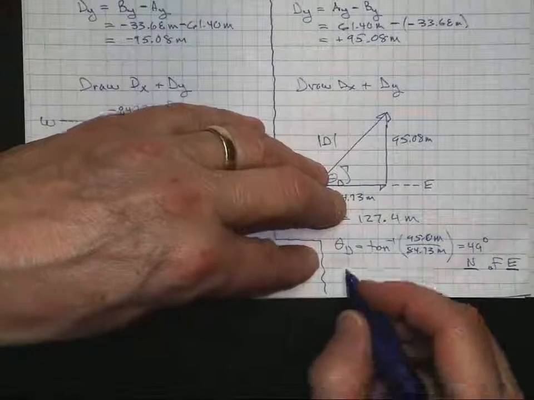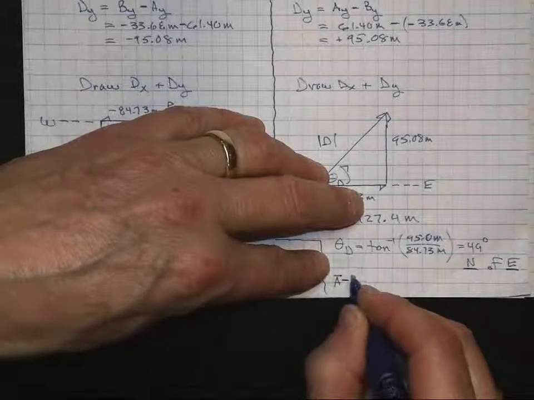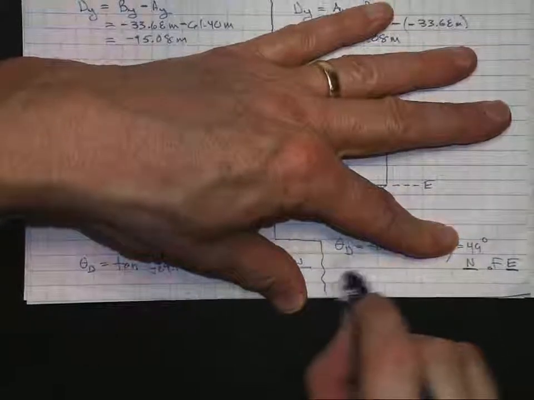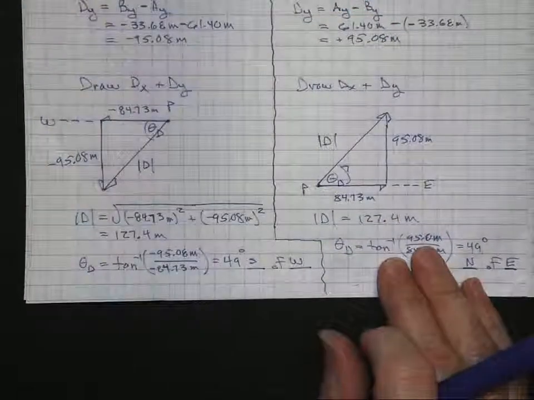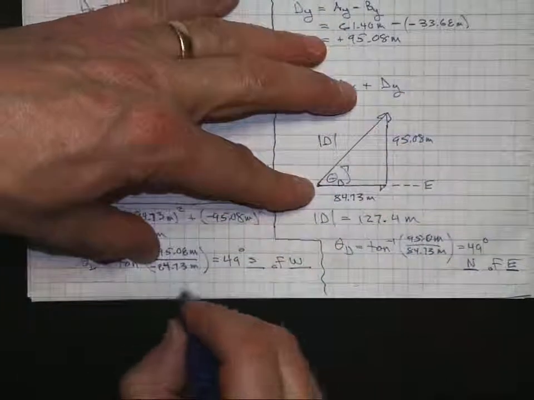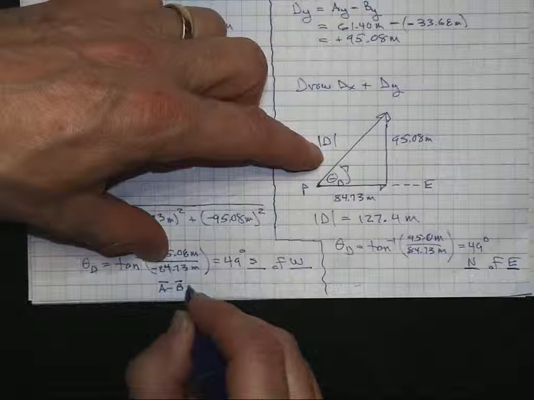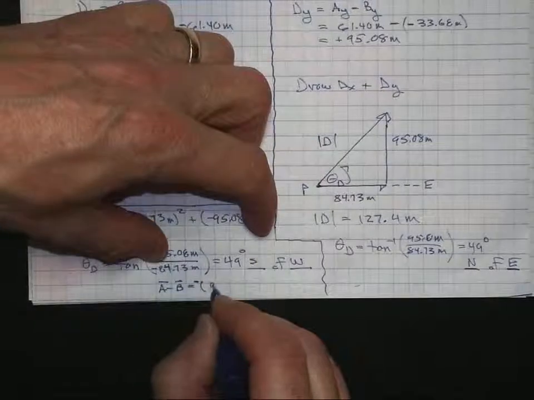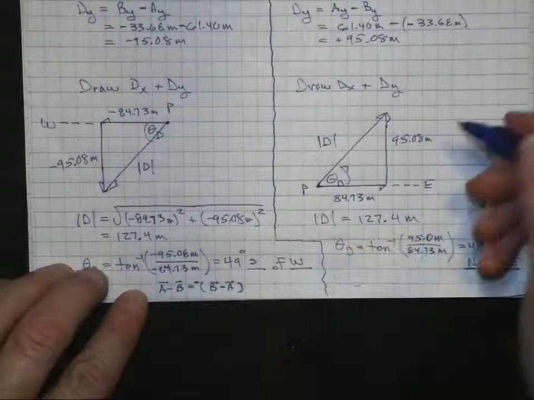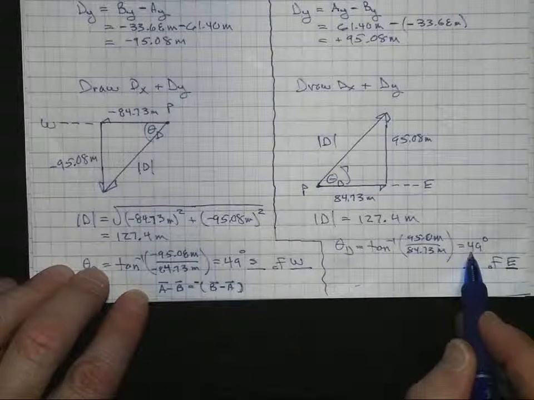Basically, vector A minus vector B equals the negative of vector B minus vector A. Okay, so A minus B, which is this, in quadrant 1, equals the negative of the quadrant 3 vector.